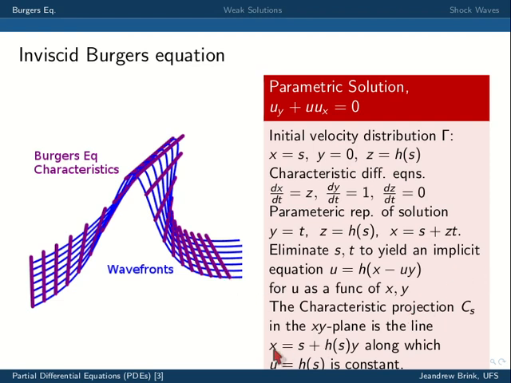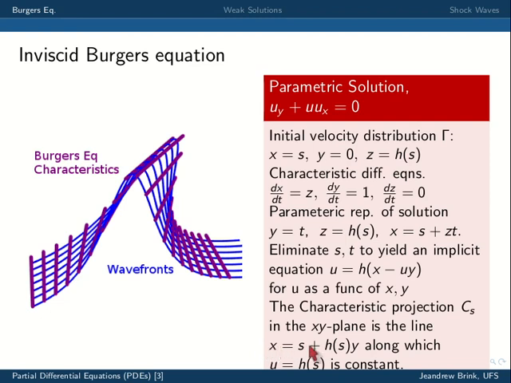I said that is easy to derive, and the way I did it is I looked only at the y and the x functions, and I eliminated t first. So t equals y, and x equals s plus z, which is simply h of s times y.